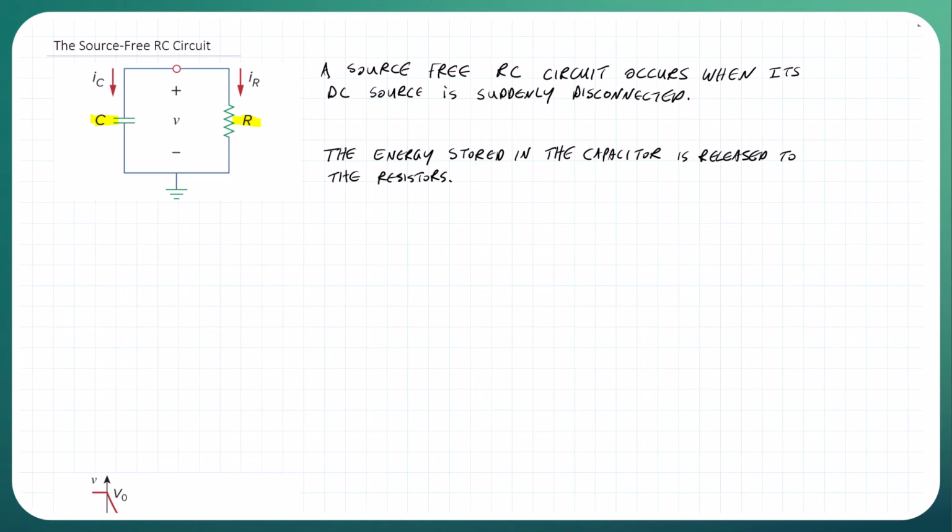If we consider this circuit here on the left, it's a series combination of a resistor and an initially charged capacitor, as shown.